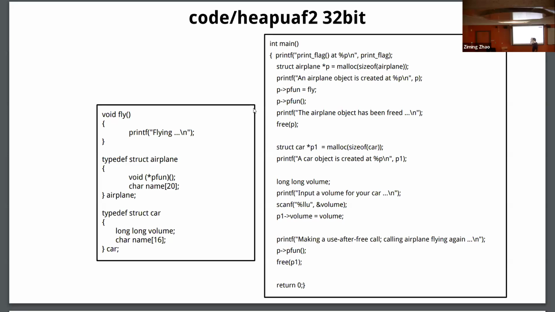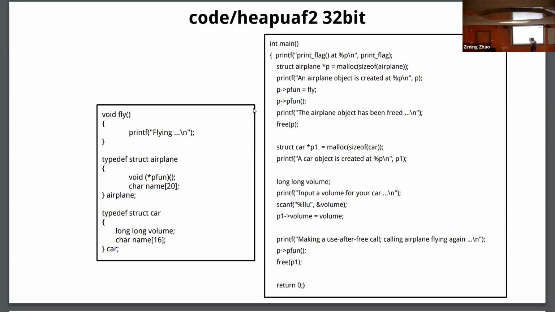This is one of the final challenges I gave to the students several years ago. Here, you're not inputting the previous 4-byte volume. You are inputting 8 bytes of volume here. But only 4 bytes of that will be used as a function pointer, not the full 8 bytes.